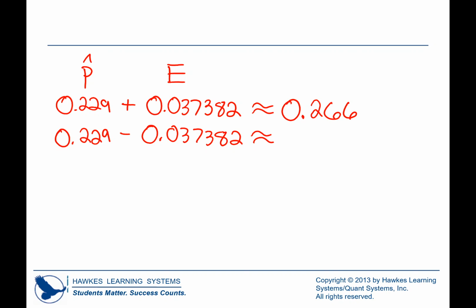I do minus, I get 0.192. So those are the two numbers for our boxes on Hawks, but we could write it as an interval.